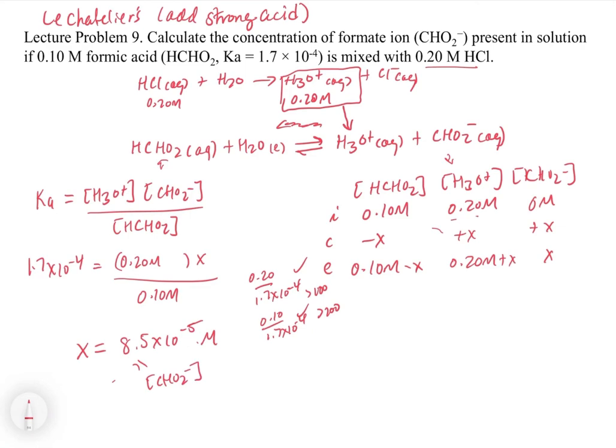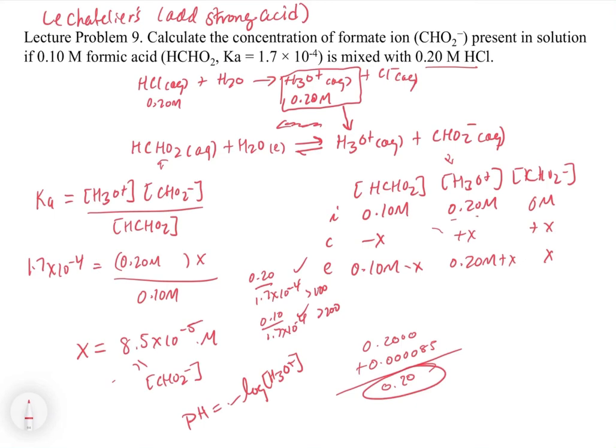Now, one interesting thing that I want to point out is if you calculate the pH of this, if you take 0.20 molar and add that amount to it, 0.20 molar plus 0.000085, what you're getting is 0.20 molar. That's just to show you that the approximation works. But what's really important is that the pH, which is equal to the negative log of the H3O plus concentration, is controlled by the strong acid.